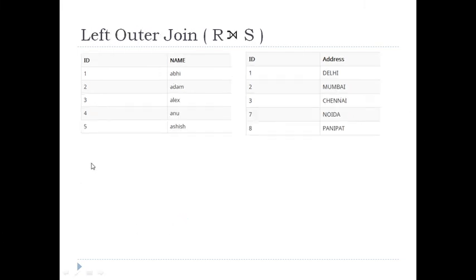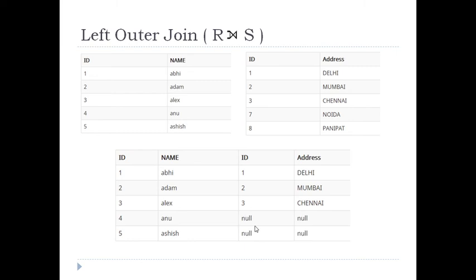And then left outer join. In the left outer join, we will see here 1 and 1 is matching, 2 is matching, 3 is matching. But for 4 and 5, there are no matching tuples in relation S. Now, because of that, for the attributes or the column of relation S, we will put null values.